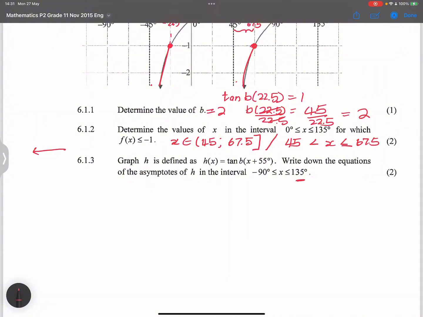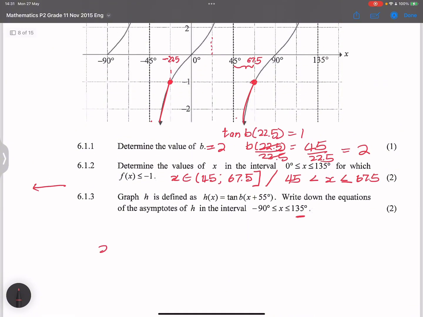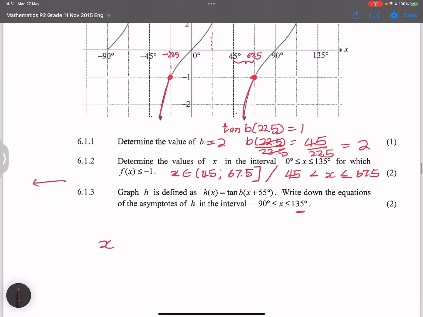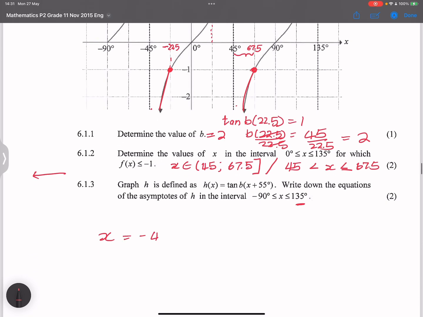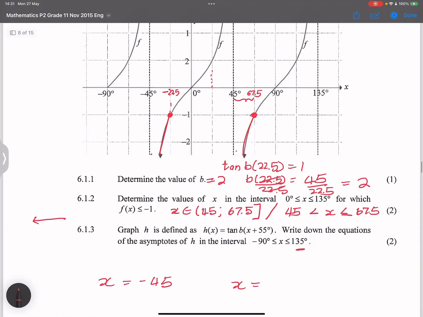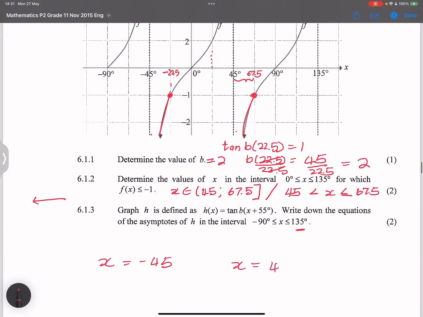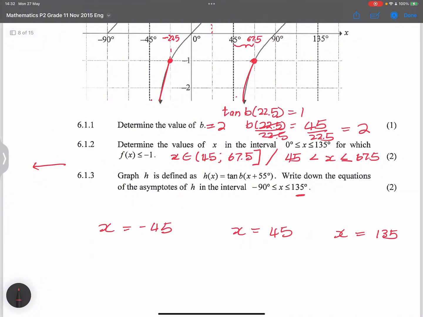So our asymptotes right now are at x is equal to negative 45. Okay, another one is at x is equal to 45. And another asymptote at x is equal to 135. Now remember, what did I say? We are shifting this by 55 degrees to the left. So that's going to be minus 55, and minus 55 of that. Okay, right.